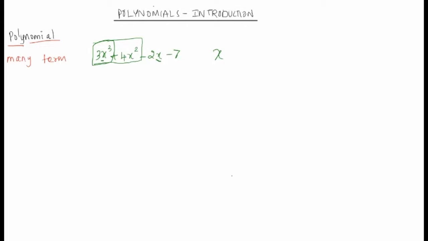These are called variables. And why do we call them variables? Because we don't know their values. So instead of x, we can use y, z, or anything that you would want to label it as. So our variables are always unknowns.